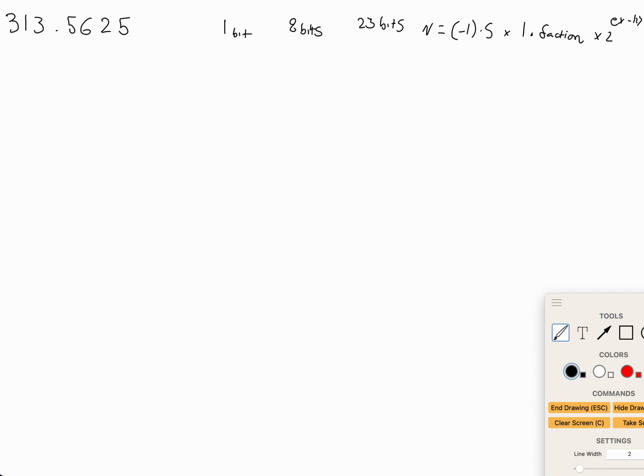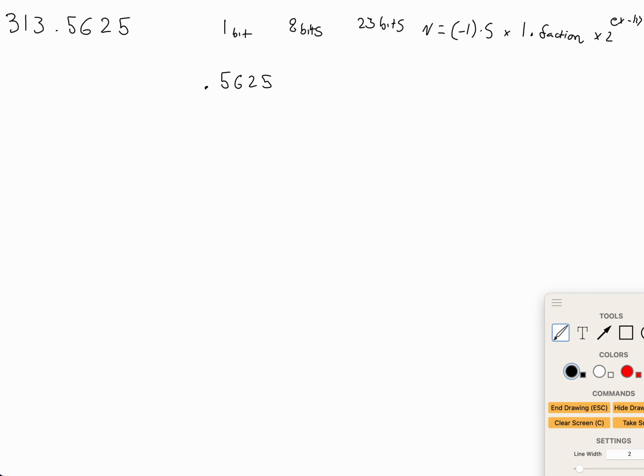So, if I want to convert a fractional decimal number into a fractional binary number, the algorithm is as follows. We take the actual number in decimal and multiply it by 2.